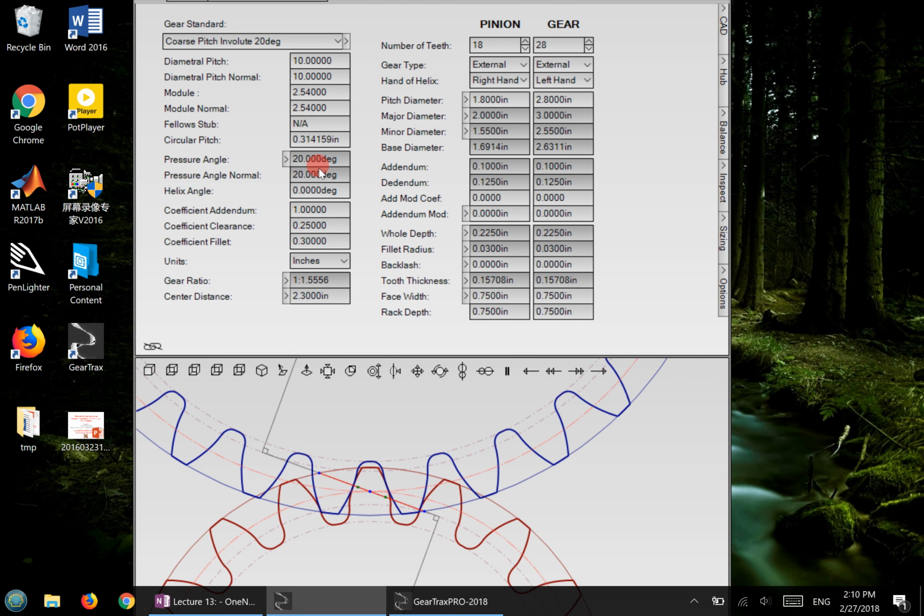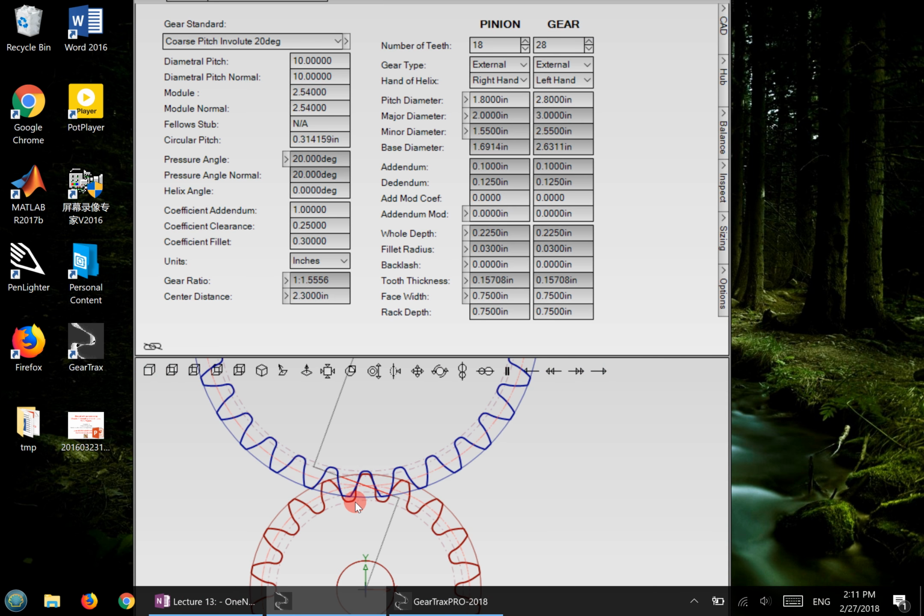In this software, you can see the diametral pitch is over here, and the number of teeth is over here. The top one is the gear, and the bottom one is the pinion. Let's blow it up and look at the pinion gear tooth.